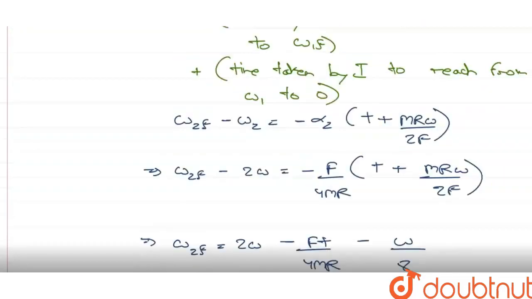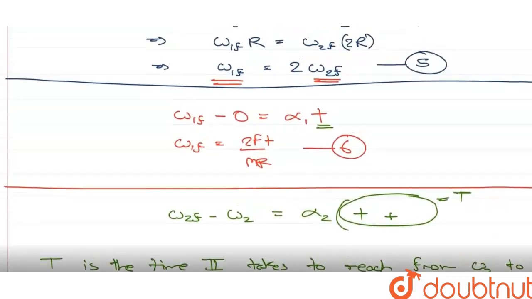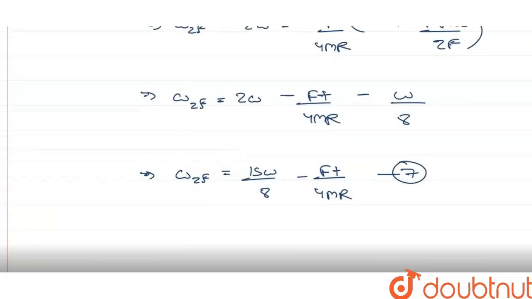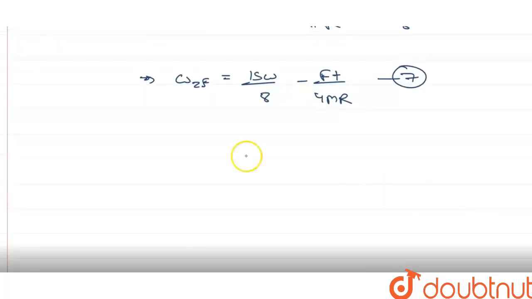Now I have equation number 6 for omega 1 final, and equation number 7 for omega 2 final. So let's take a ratio of these two.